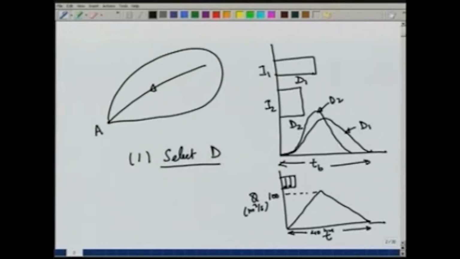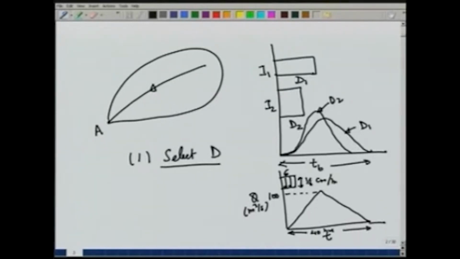Let us say that the rainfall which occurs is of 6-hour duration with intensity of 1/6 centimeter per hour. So, the depth of the rain is 1 centimeter, and the hydrograph is for 1 centimeter, that is the effective depth of rainfall. This is falling over the whole catchment.